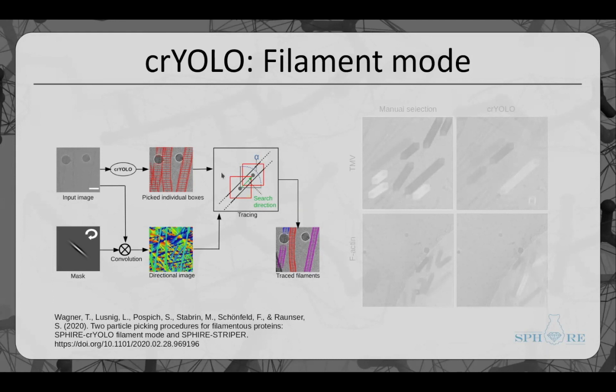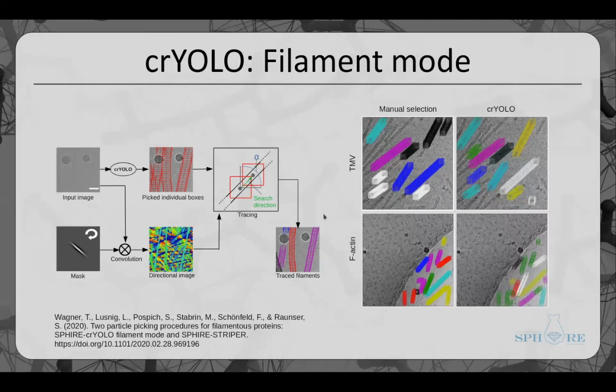Then it chooses a random box and searches for the next box in the direction it gets from this directional image. And it limits the search range by this angle alpha, and also by some distance, which is proportional to the box size. And in the end, you have traced filaments.